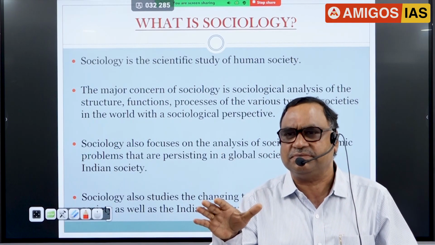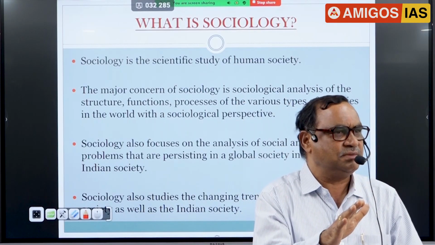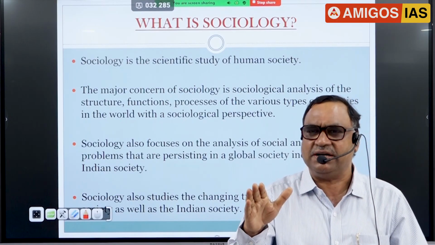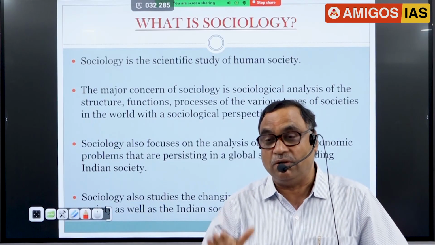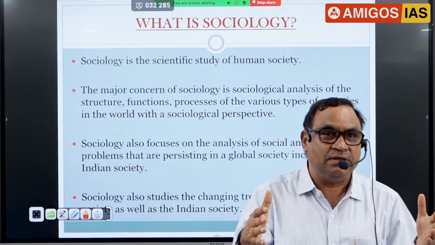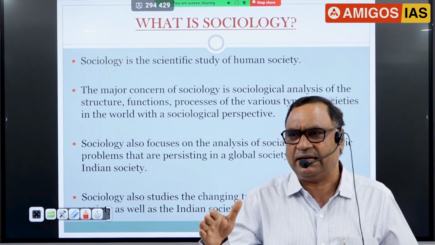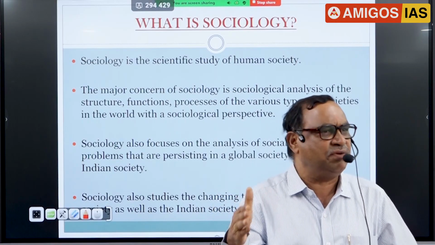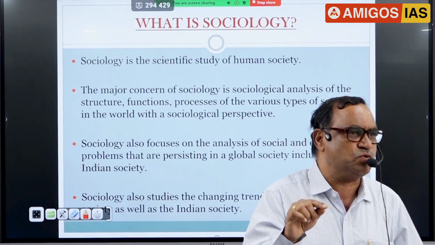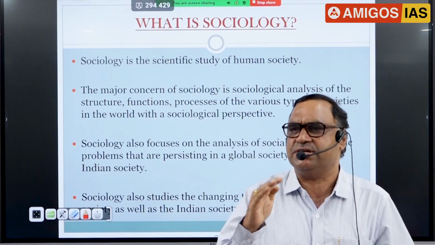Like family system, marriage system, kinship system, economic system, political system, religion and education. All these are considered the basic foundations of a human society. Whether it is Indian society or American society or African society, every society consists of all these basic social institutions. And all these basic social institutions perform certain functions.